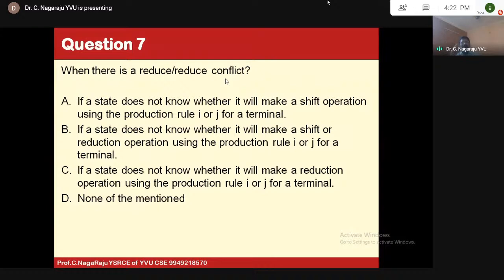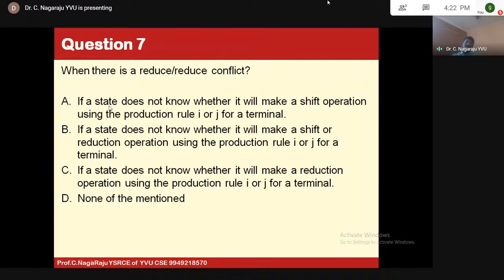B: if a state does not know whether it will make a shift or reduce operation using the production rule I or J. C: if a state does not know whether it will make a reduce operation using the production rule I or J for terminals. And the next one is D, none of the mentioned. So which one is the correct one?